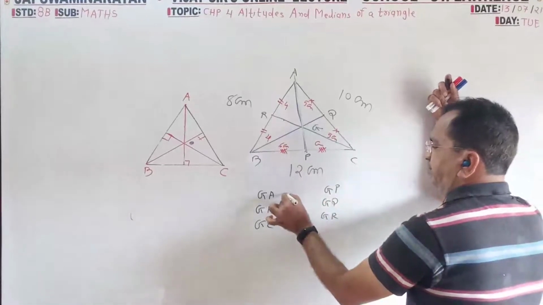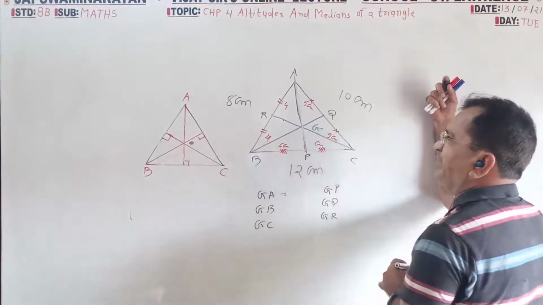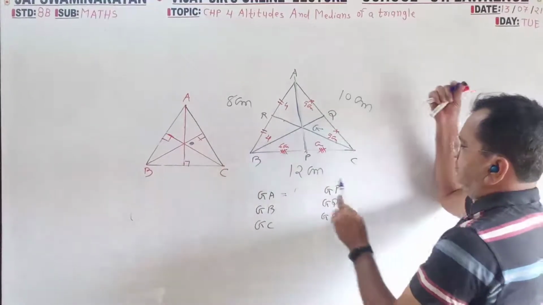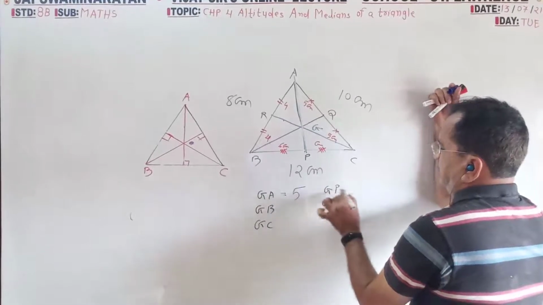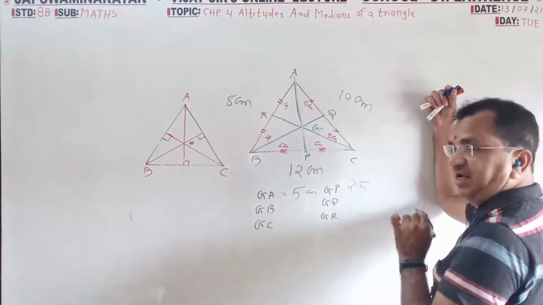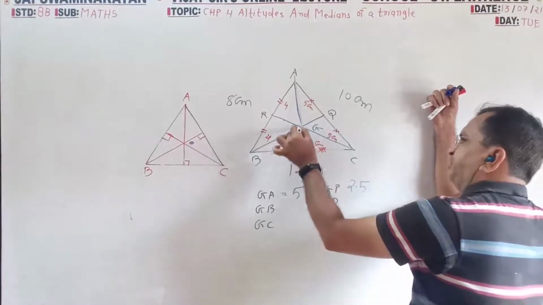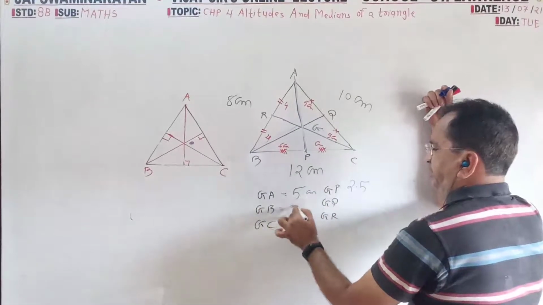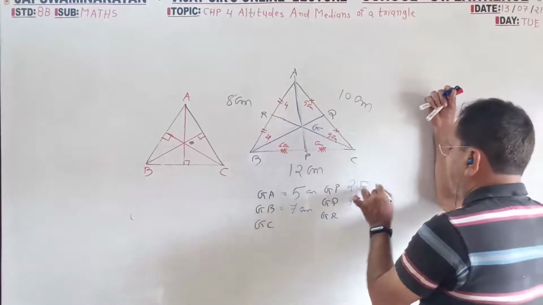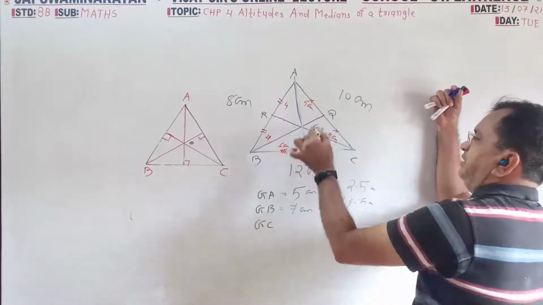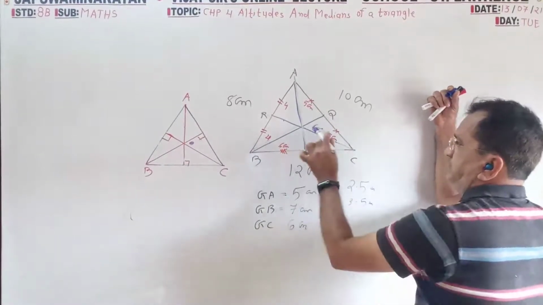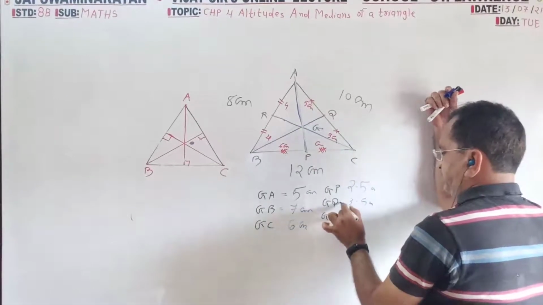For example, by measurement with a scale you will get this, for example, 5 centimeter, and this you will get 2.5 centimeter. Exactly half. Suppose this measures 7 centimeter, this you will get 3.5 centimeter. Exactly half. Now this and this is 6 centimeter, this 6 to this 3.